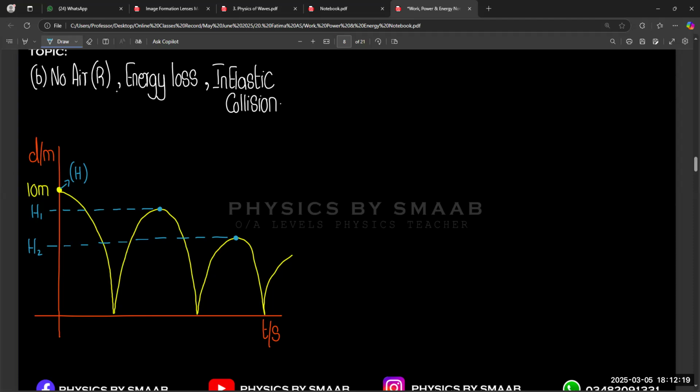So this is the graphical representation for the body when there is inelastic collision or when there is a loss of energy. And this is a practical example because practically when you drop the ball, that happens like this. The bounce continuously decreases and eventually it comes to rest, right? So this is the real life case and the first one is an ideal case.